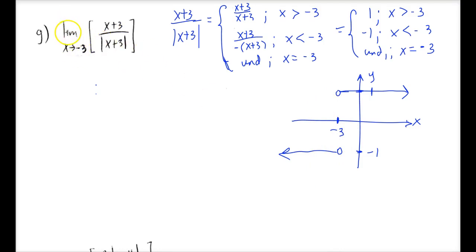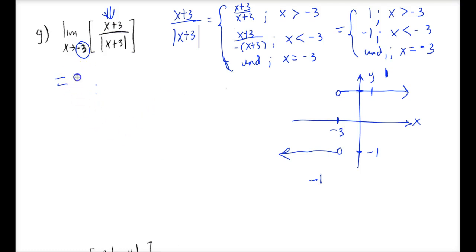Now, remember that anytime we ask for the limit of a function, what we're actually asking for is what is the behavior of this function as x approaches this number from both the left and the right. As you can see, the y values approach negative 1 to the left of negative 3, and they approach positive 1 from the right of negative 3. And so in order for us to be able to answer this limit with a real number, what we have to have is the function approaching the same y value from both the left and the right.